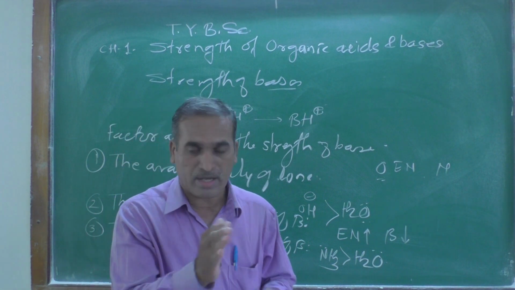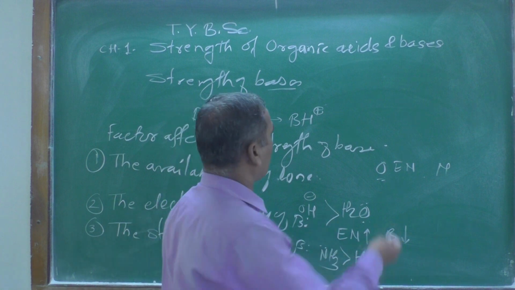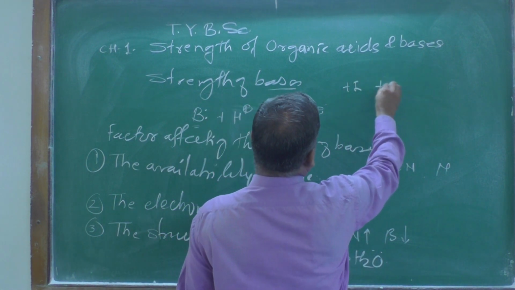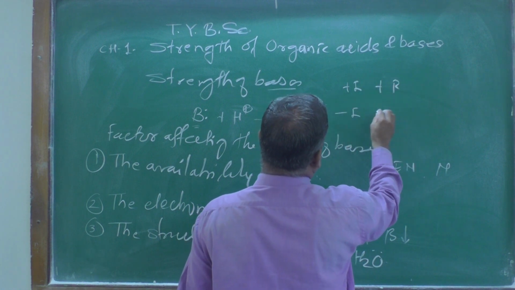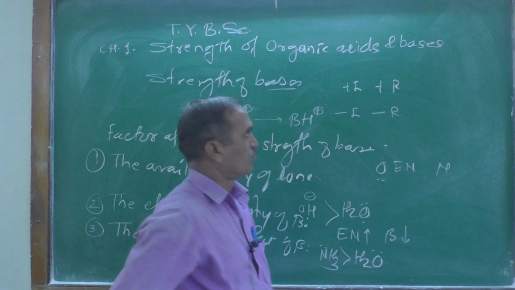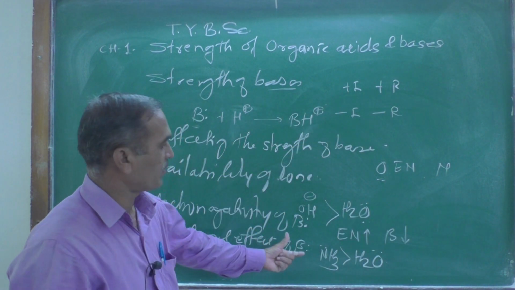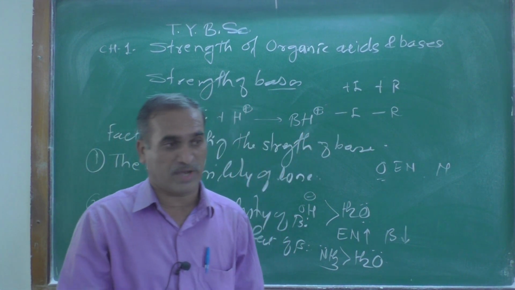As we know, there are plus I inductive effect and plus R effect, similarly minus I and minus R. Suppose the base has a minus I and minus R effect.